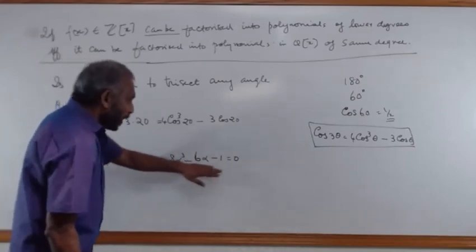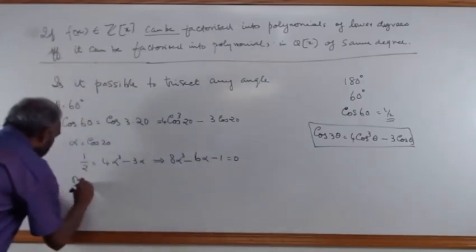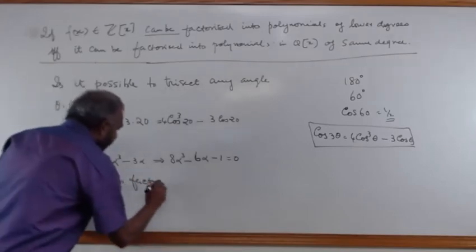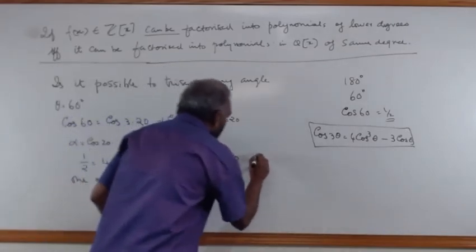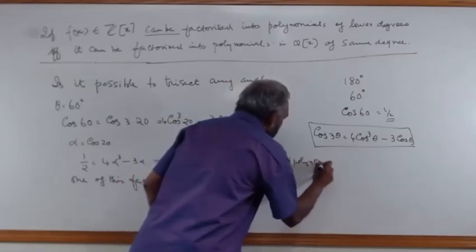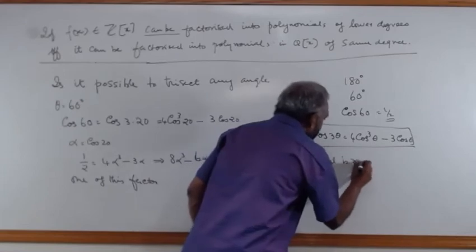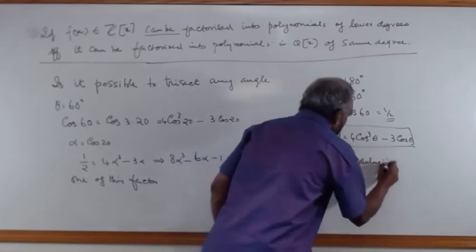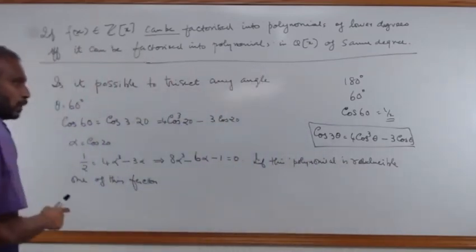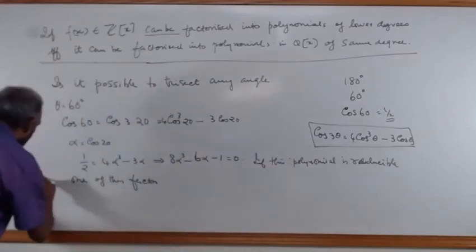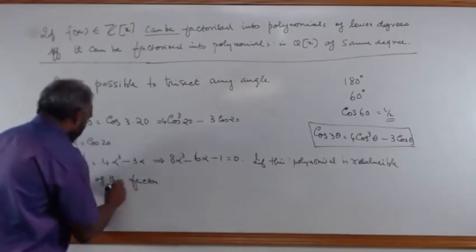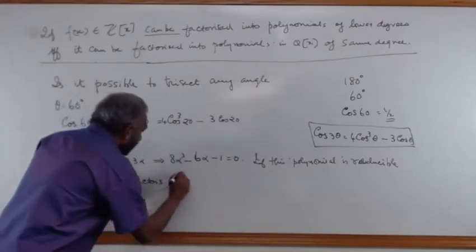So if this polynomial is reducible, meaning it can be factorized into polynomials of lower degree, then one of these factors is linear.